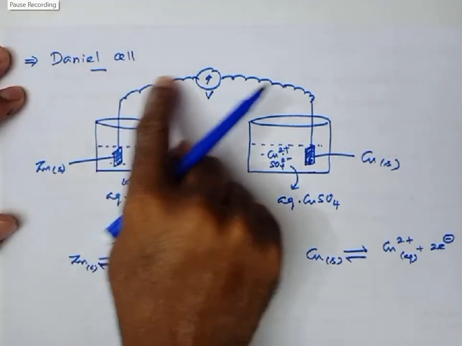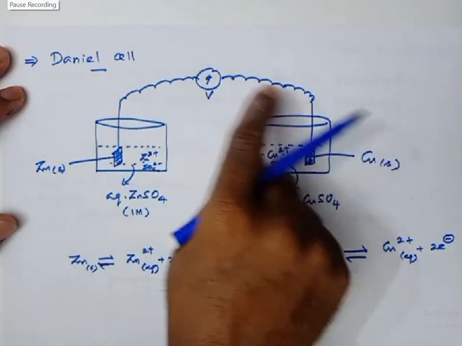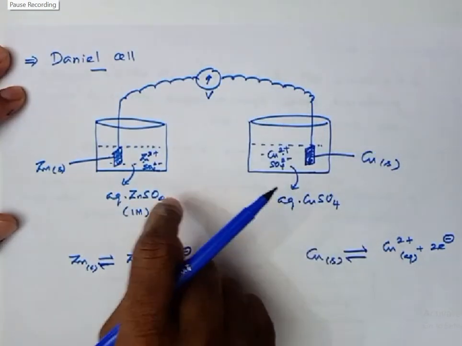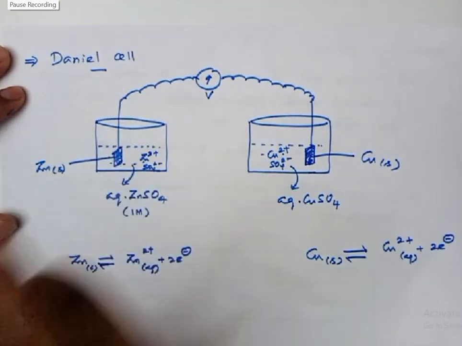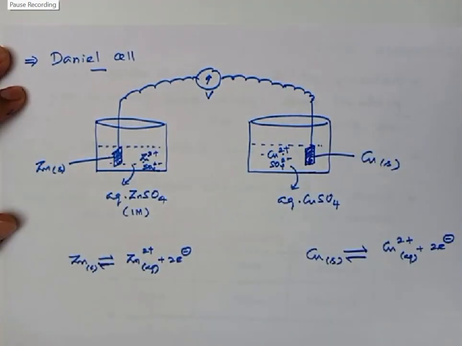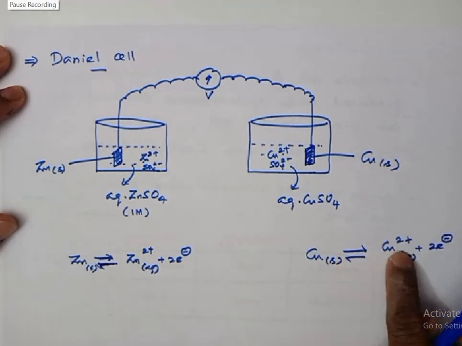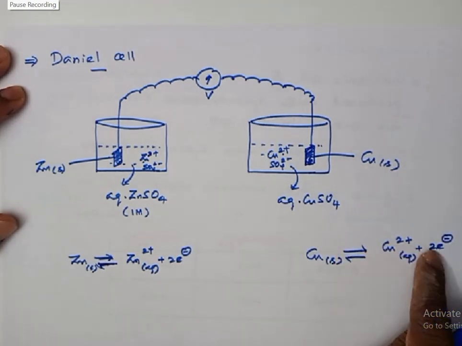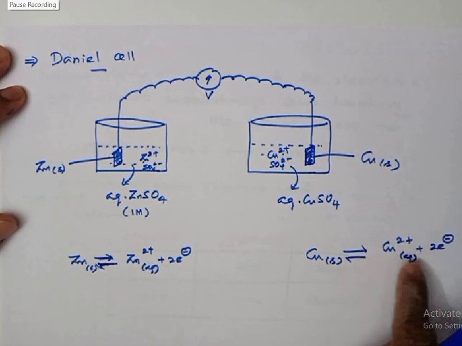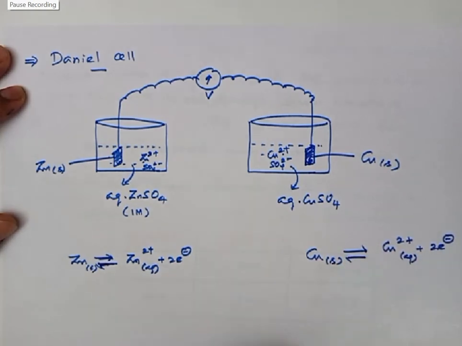So when you connect the 2 electrodes through an external wire, what will happen? One electrode will undergo oxidation, the other one will undergo reduction. Here, in this reaction, the forward reaction is oxidation and the reverse reaction is reduction. Here also forward is oxidation, because the copper atom is losing electrons. So the forward reaction is oxidation, the backward reaction is reduction.